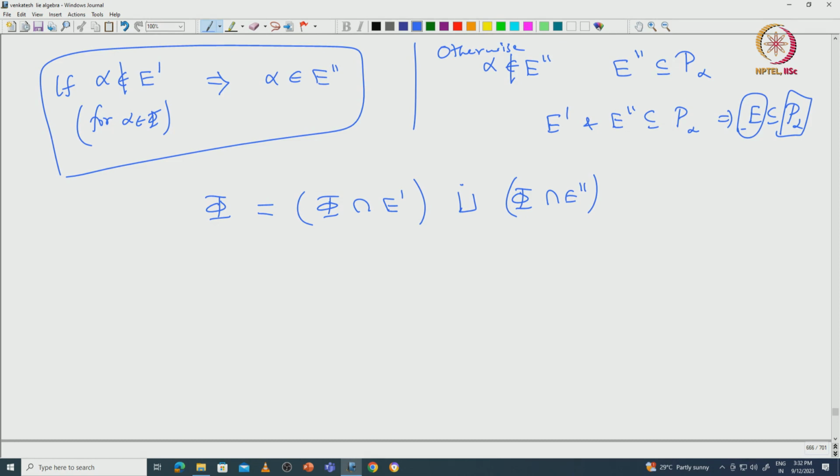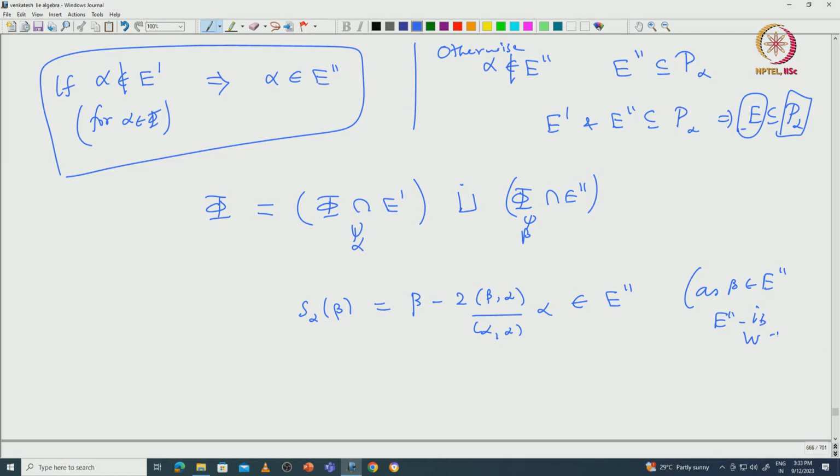If alpha is here and beta is here, then you can look at S alpha of beta. That gives us beta minus twice (beta, alpha) divided by (alpha, alpha) times alpha. This is again inside E double dash because beta is in E double dash and E double dash is W invariant. So, this forces (beta, alpha) to be 0, otherwise alpha will be in E double dash, but alpha is coming from phi intersection E dash, and both are disjoint.